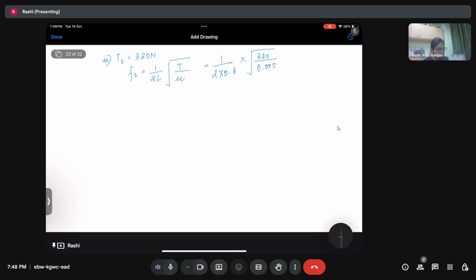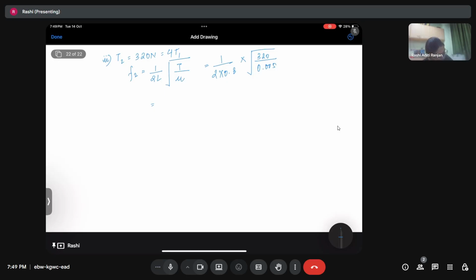You can just write it as, because if you look over here, T2 is 4 times of T1, right? It is an integral multiple of T1.